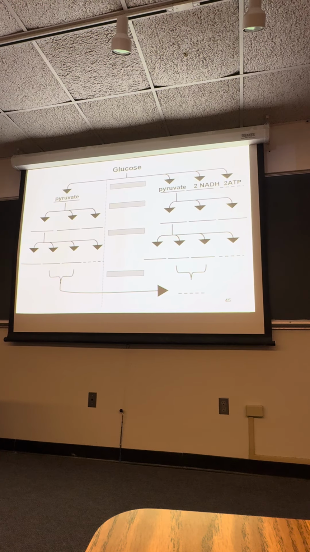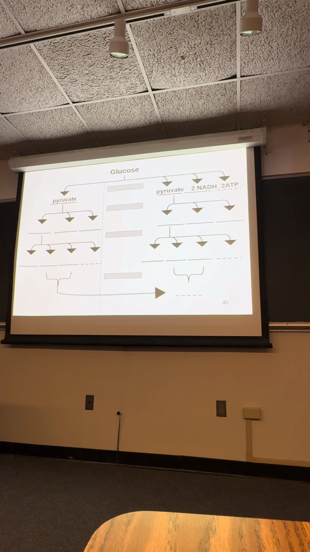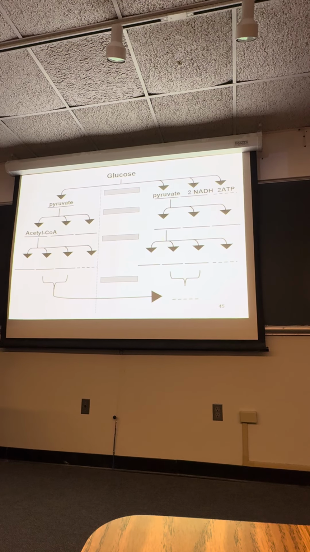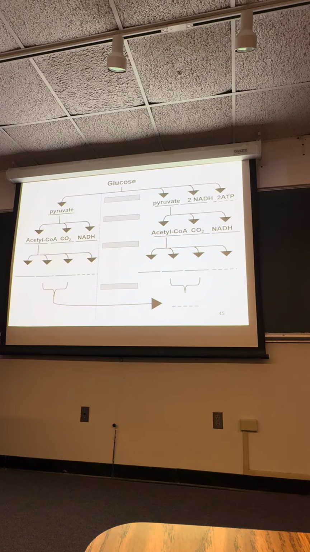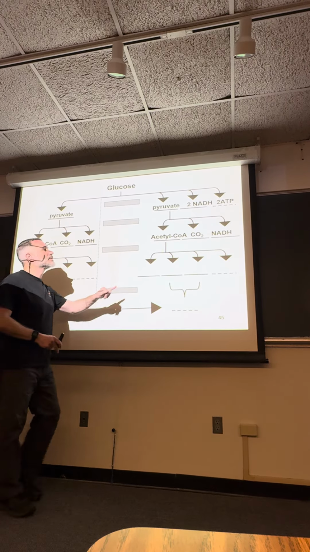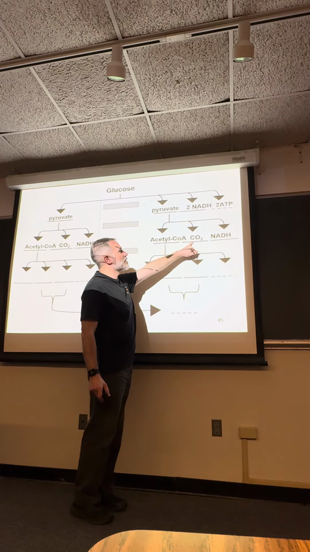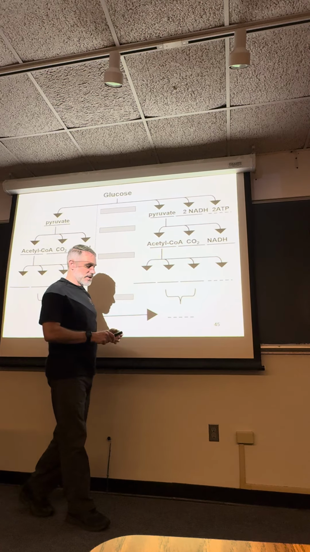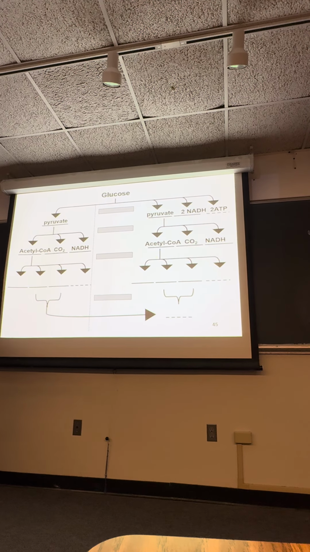All right, so the glucose breaks down to 2 pyruvate with 2 NADH. Those are the electron carriers, and 2 ATP. We know that the pyruvate then breaks down again, yielding one of the carbons from that 3-carbon molecule as carbon dioxide. The other 2 go into the acetyl-CoA. The acetyl is the 2-carbon group.